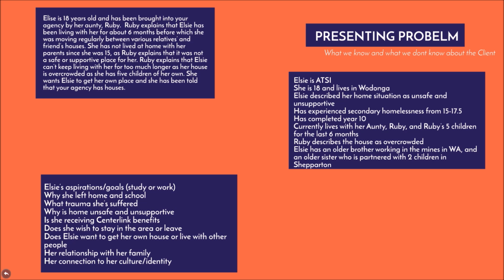Elsie may not have developed age-appropriate life skills as she's moved between family and friends. She's also experienced tertiary homelessness and a period of transience, which may have created challenges accessing school and continuing her education. Considering the impacts of not finishing school is also important because it can impact her employment and what that might mean for her.